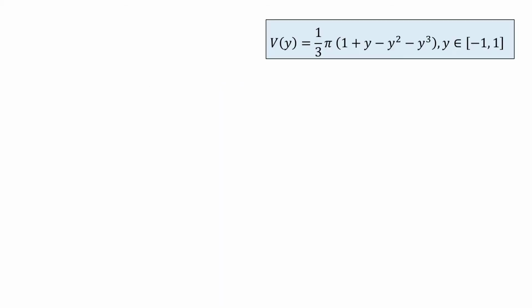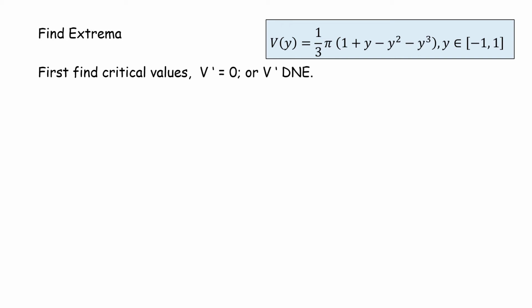For this function, we need to find the extrema. And to find an extrema, we always first find critical values. Remember, critical values are where the derivative V prime equals 0 or the derivative V prime does not exist. Either way, we have to find the derivative first, so let's find the derivative. V prime of y is equal to 1/3 pi, and then the derivative of 1, that's 0. The derivative of y, that's 1.